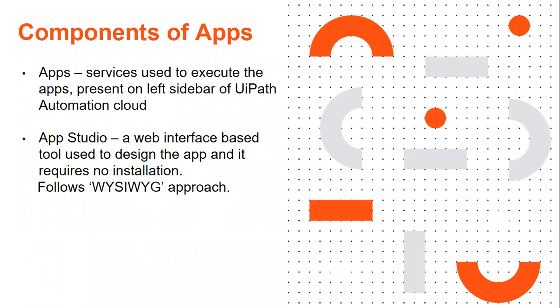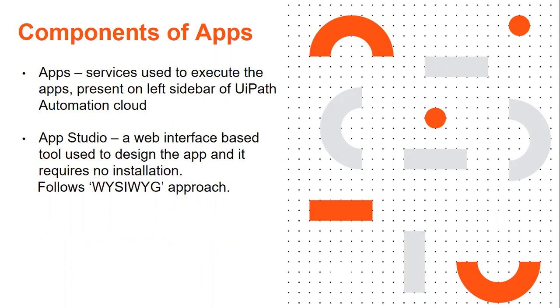Then we would be able to see UiPath Apps on the left sidebar, where we see our tenant name, AI Center and all of these. Depending on the permission defined at app level, you can either run the app that is present or edit it.